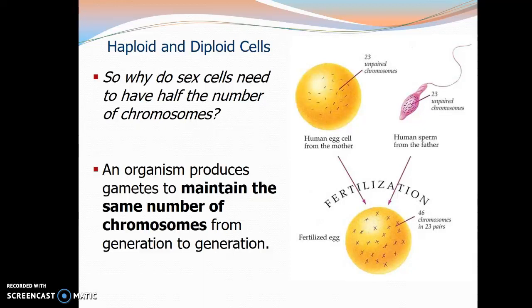So when a sperm cell fertilizes the egg cell, if they both have 23 chromosomes, then you have the right amount of chromosomes maintained in that new cell. Like I've already said, each of our body cells contains 46 chromosomes. So it's important for our sex cells to have half that amount, so that when they come together, they will have the proper amount of 46.